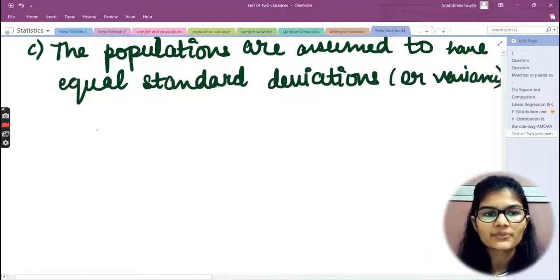Great, so this was about the one-way ANOVA.